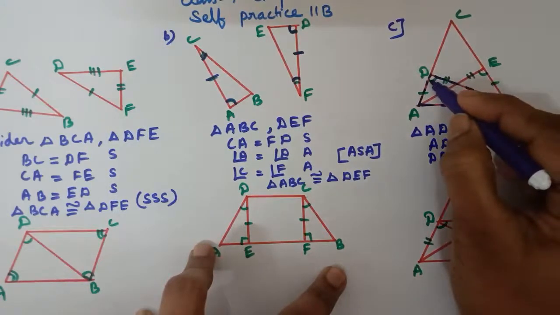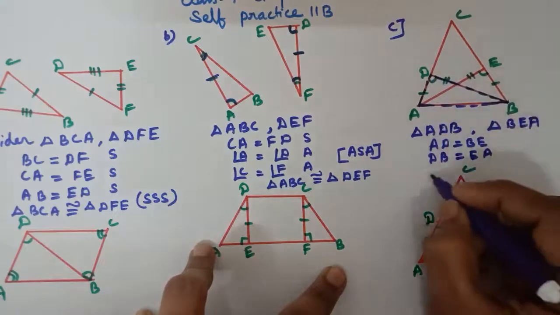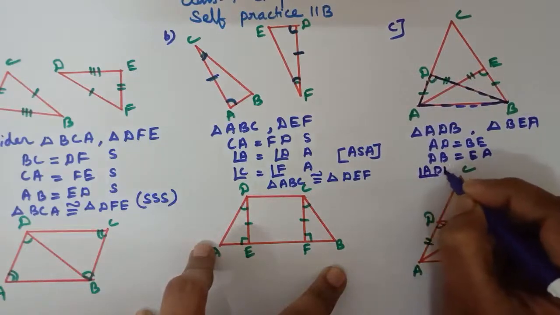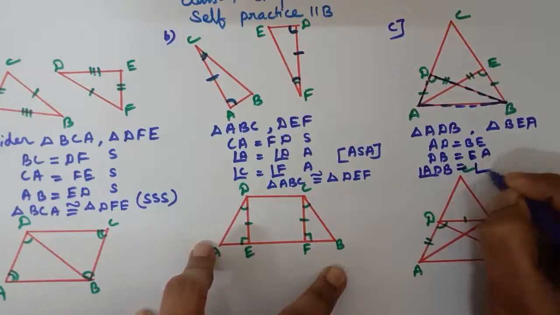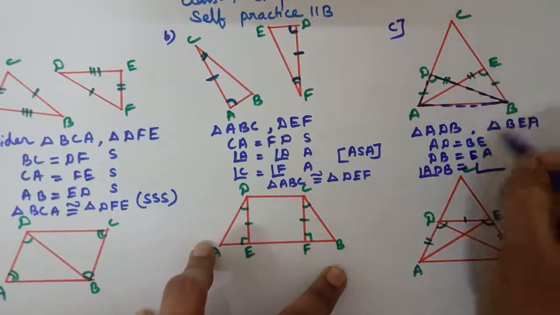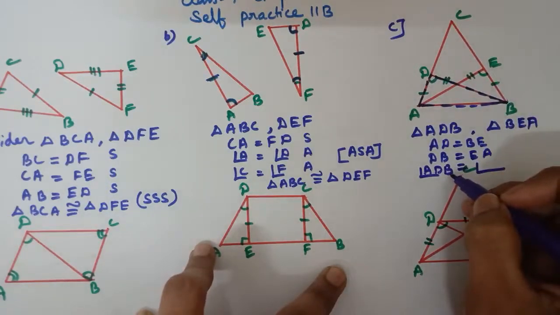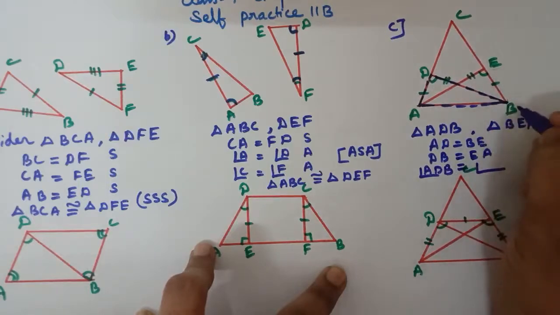Then this angle: angle ADB, or you can write angle D, is equal to angle E, or angle BEA.